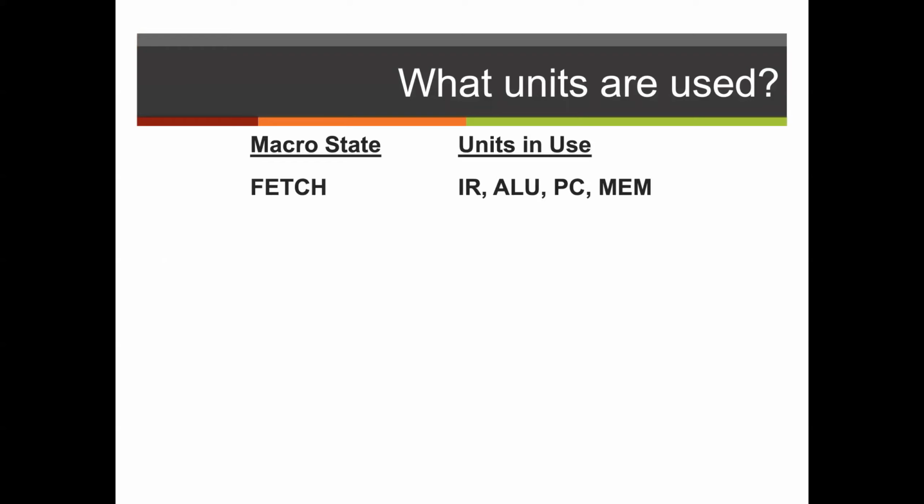And so for each microstate, what exactly do we need? What units in our circuit are we going to need to use? For the fetch microstate, we know that we're going to need to make use of our instruction register, our ALU, our program counter, as well as memory.